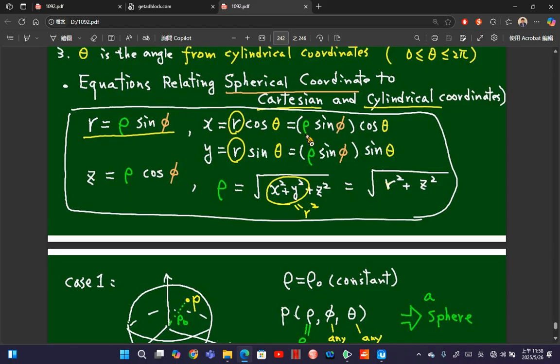Then you can continue to convert it into x equals rho sine phi cosine theta, y equals rho sine phi sine theta. The first step is from xy to r theta, but since we already know r is equal to rho sine phi, we can replace r with rho sine phi, then times cosine theta and sine theta for x and y respectively.